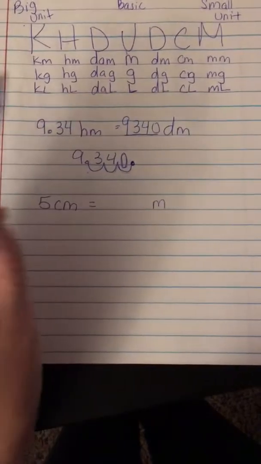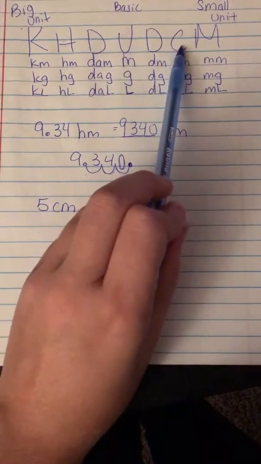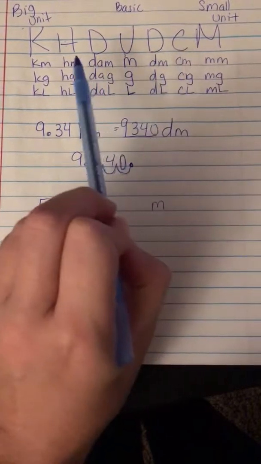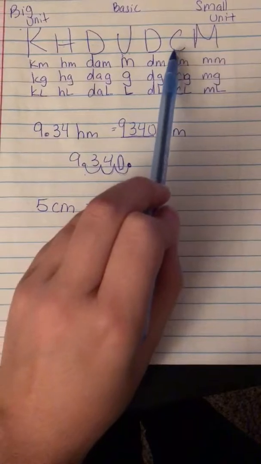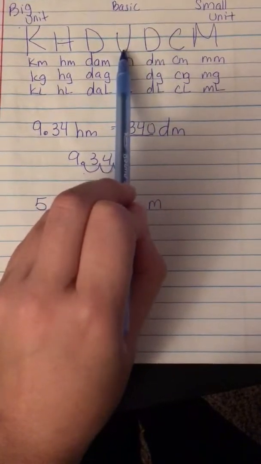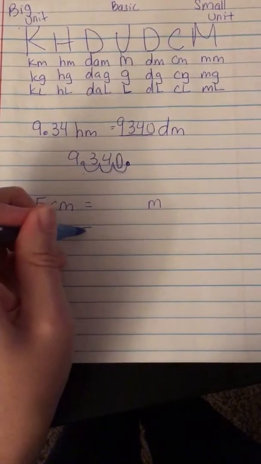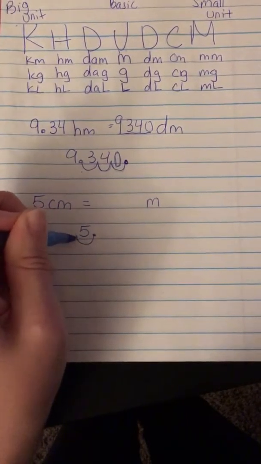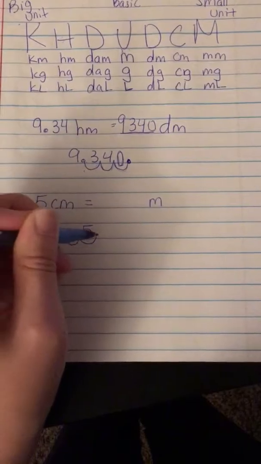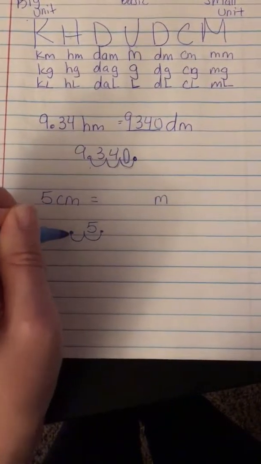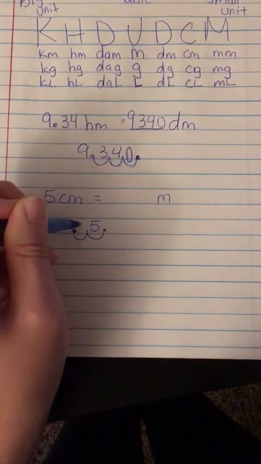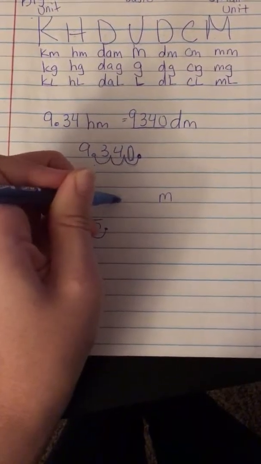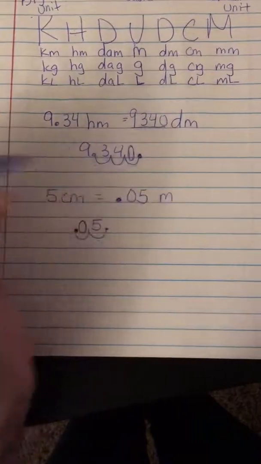Okay, so I start off with my centimeter, and I'm going 1, so I went this way twice. 1, 2. Okay, so I have my 5. There's an invisible decimal point right there. 1, 2. This egg carton's got something in it. This one has nothing. Empty egg carton, put an egg. You gotta put the 0. So we have 0.05 meters.